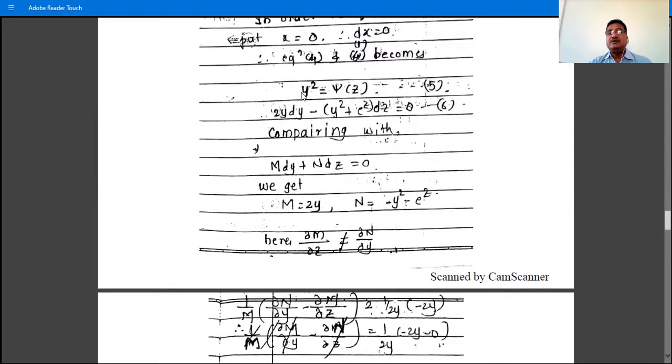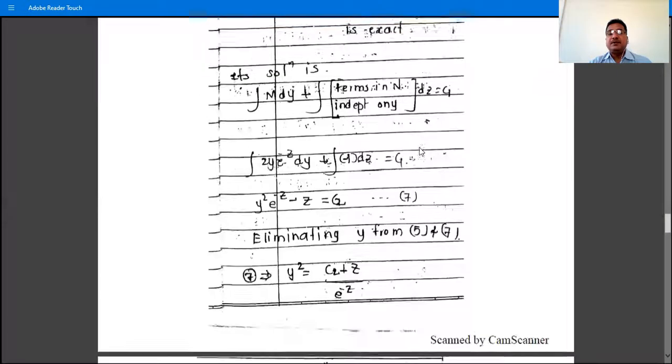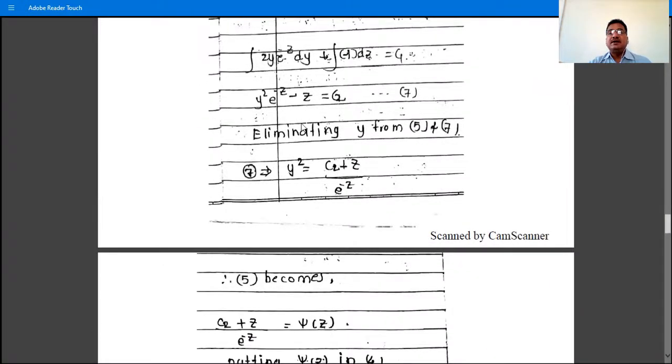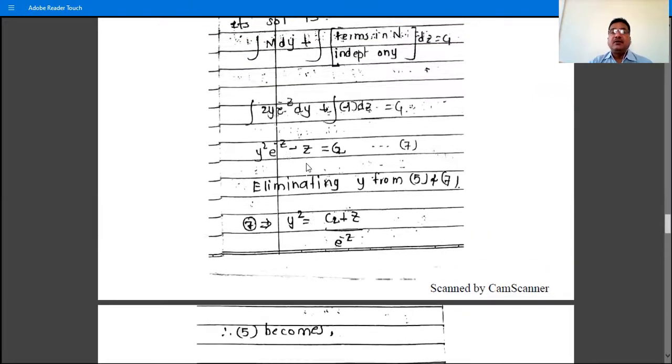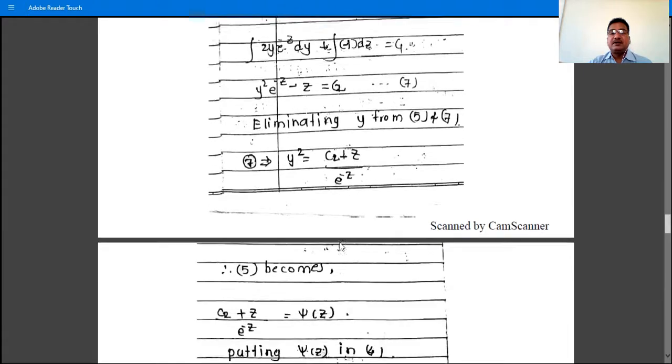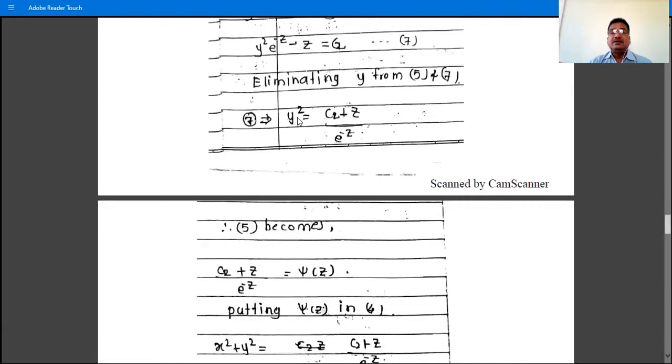So now eliminate y from 5 and 7. The value of y is root psi(z) from equation number 5. Substitute this root psi(z) in equation number 7. From this we have y² = (c2 + z) divided by e^(−z), and substitute this y² as psi(z).